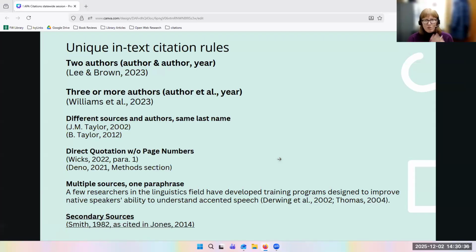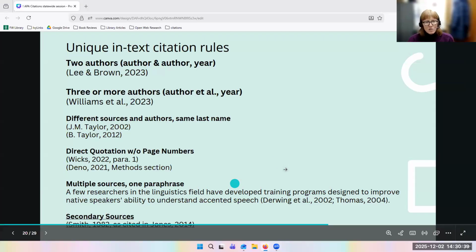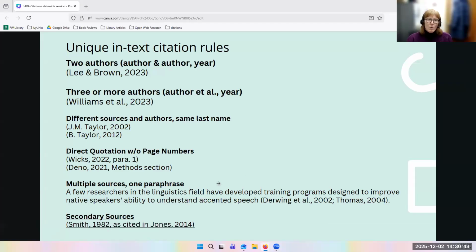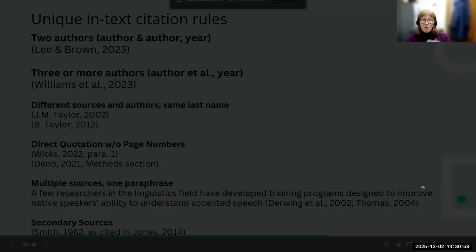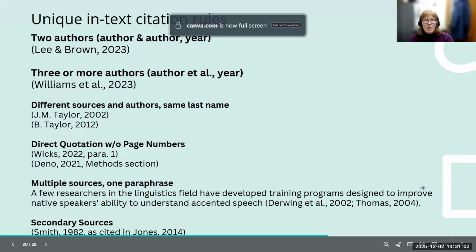And then we have secondary sources, which are a source cited within another source. What we have to do for that is to write "as cited in" the source that we're using. If you have questions about this, I'd be happy to show you specifically. I added this because it's a common question that we get with our APA examples.